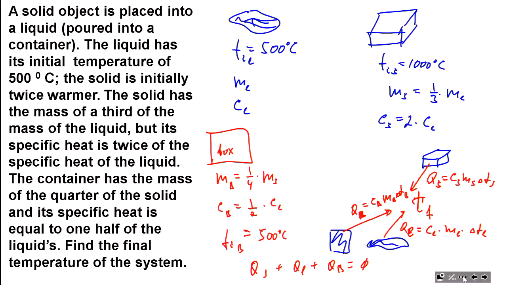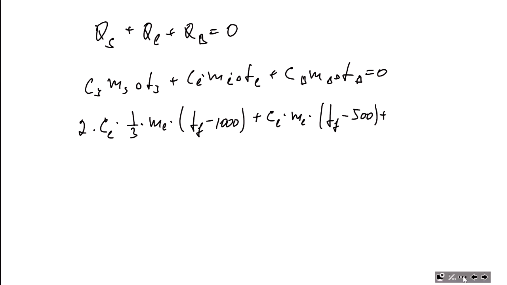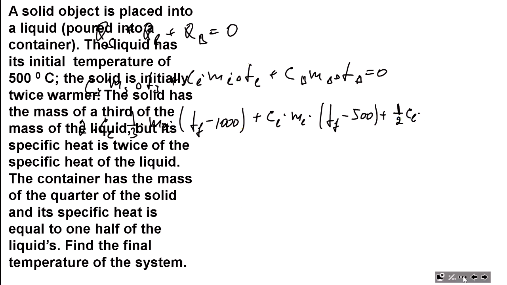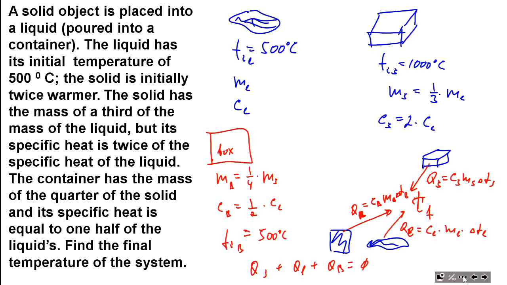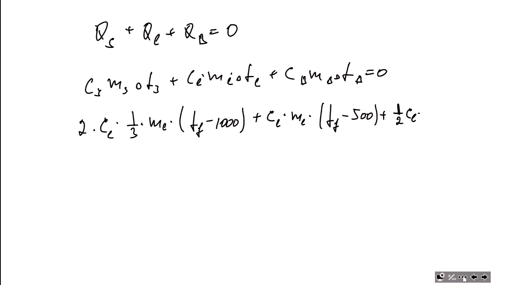It has specific heat a half of what the liquid has, 1/2 times the mass of the box, which is 1/4 of the mass of the solid, one quarter of the mass of the solid, but the mass of the solid is 1/3 of the mass of the liquid, times final temperature minus 500.